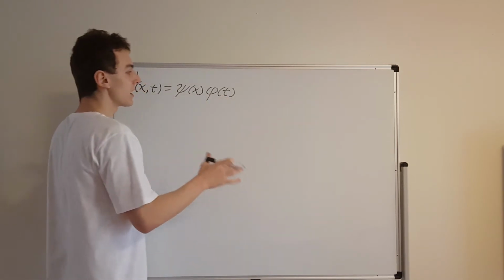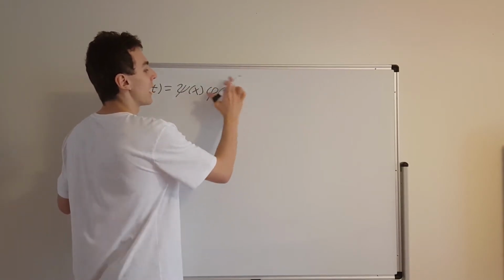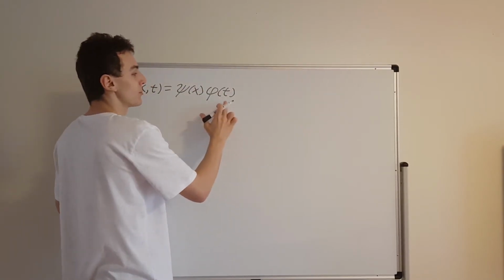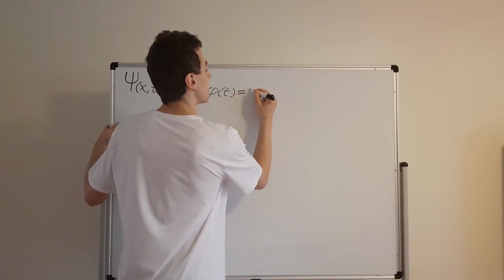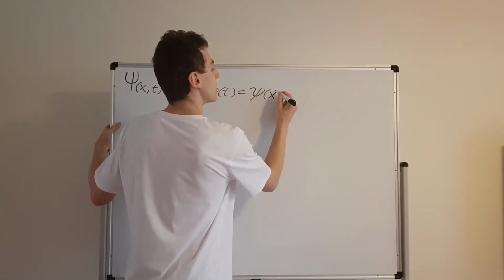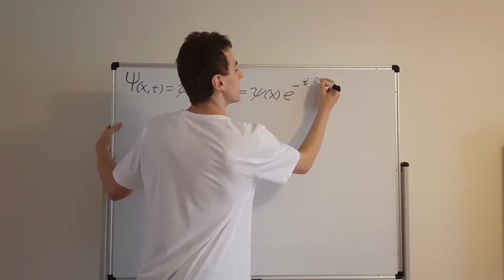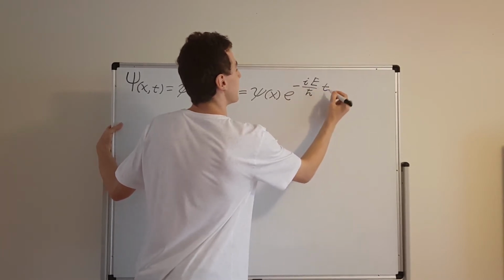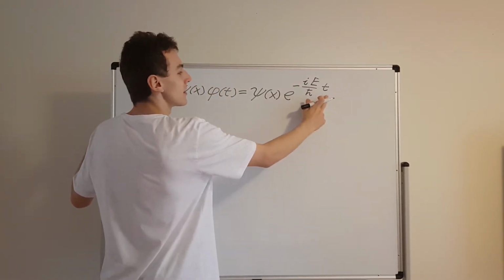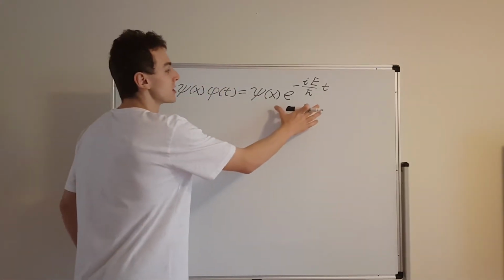And by solving an ODE, which we got from the method of separation of variables, we managed to ascertain this guy, and it was actually an exponential function. So we can rewrite this as psi of x times e to the minus i E, that's the energy, over h bar t. So this is the time dependence of the solution. So this is what separable solutions look like.